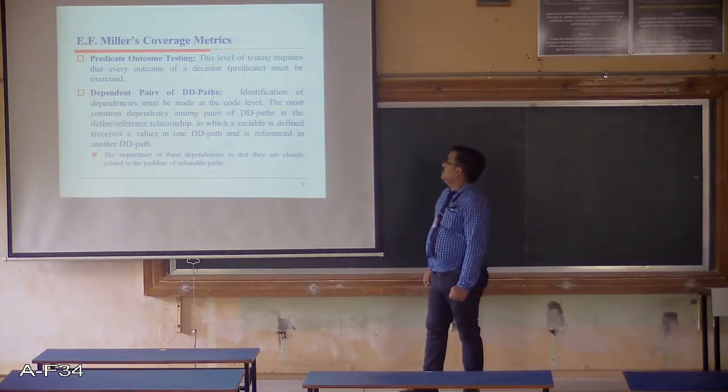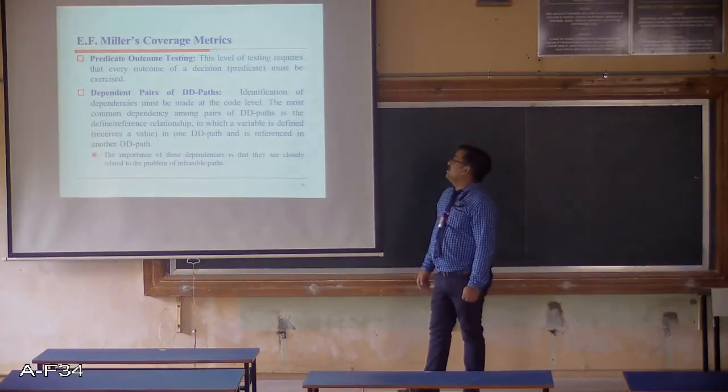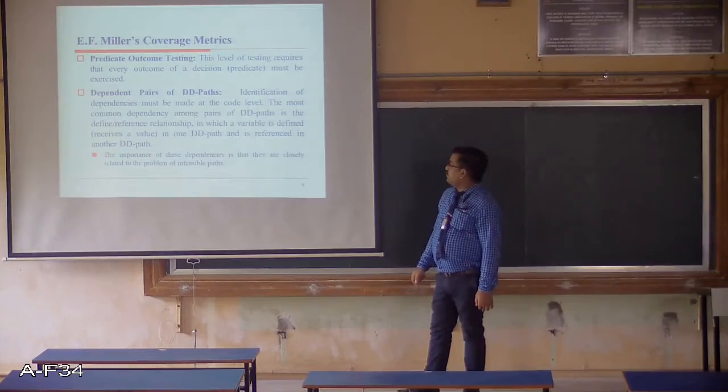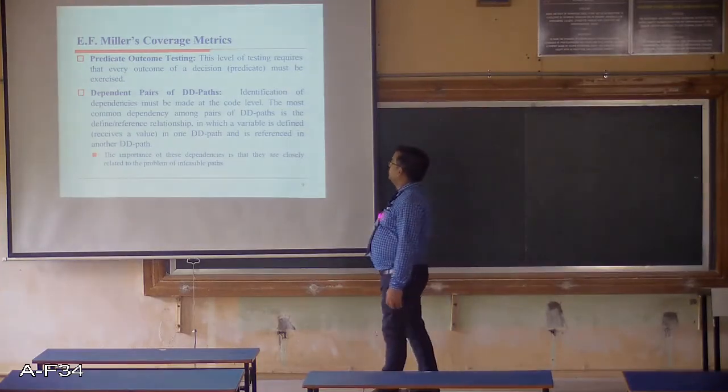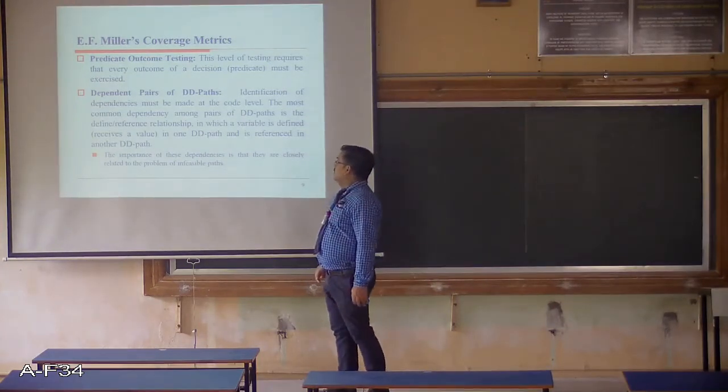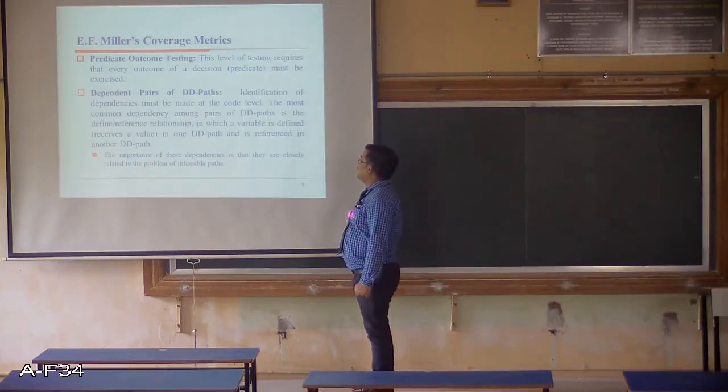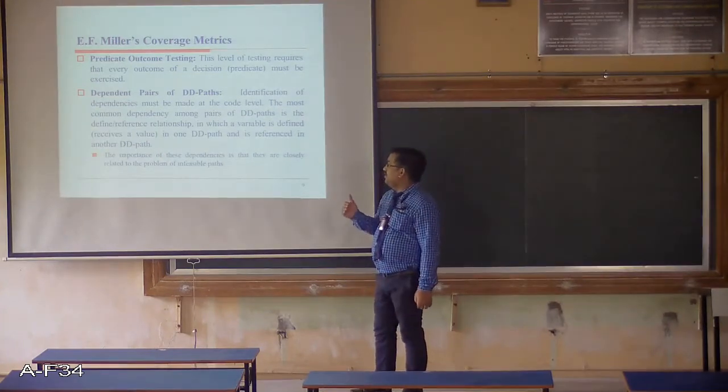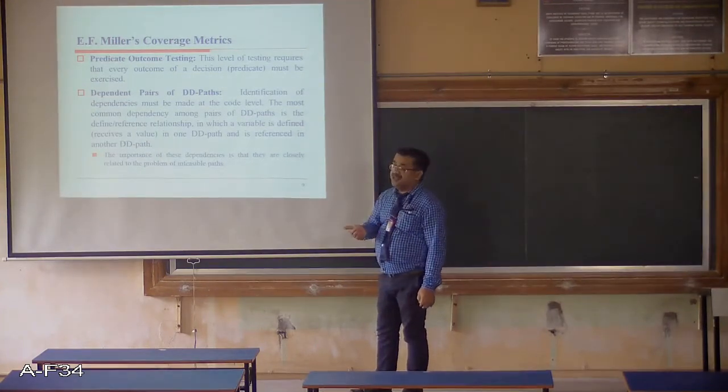Then dependent pairs of DD paths. I told you what a dependent pair of DD paths is. We define a reference relationship in which a variable is defined in one DD path and referenced in another DD path.